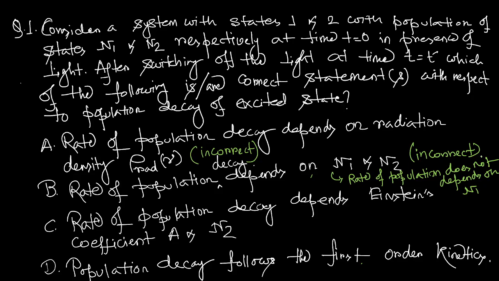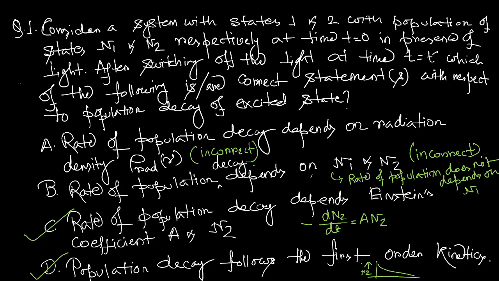The rate of the population decay depends on Einstein's coefficient. Yes, because dn2/dt is nothing but A times n2, and that is the correct answer. Now population decay, as we mentioned, follows first order kinetics like this. So this is also a correct option.